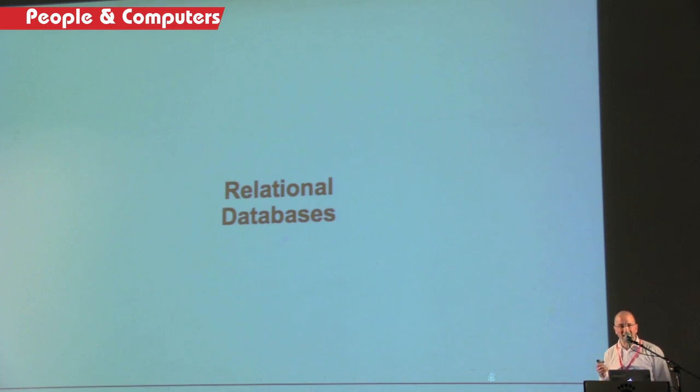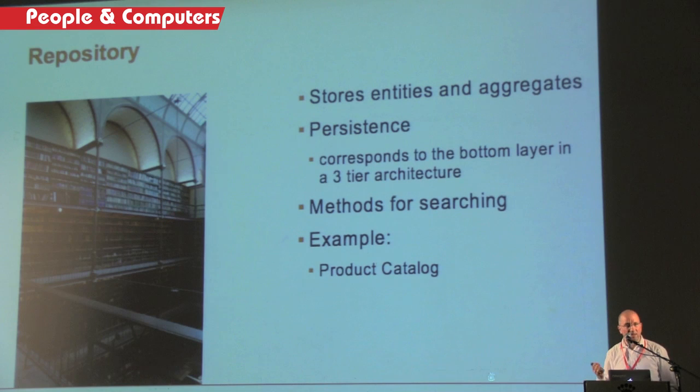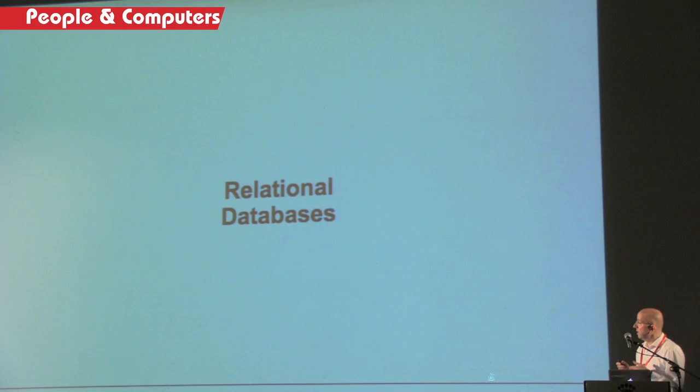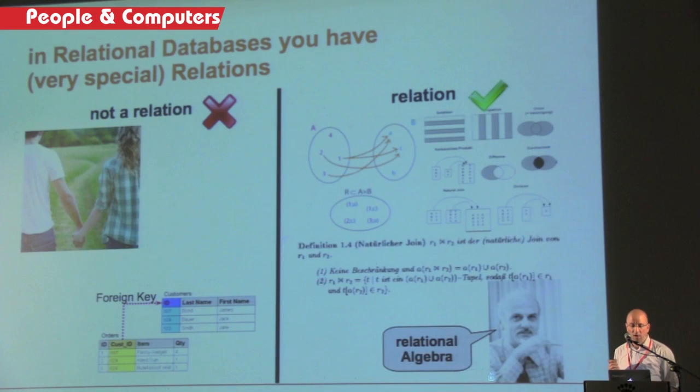Okay, with that, we now have, let's say, the vocabulary of that common language. And so now everybody can talk in the same language. Everybody? Unfortunately not. And that's when we have to turn to relational databases. If we turn to relational databases, suddenly very different terms pop up. You have so-called relations, which are not what you probably think.